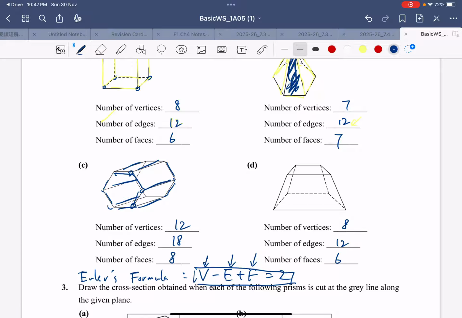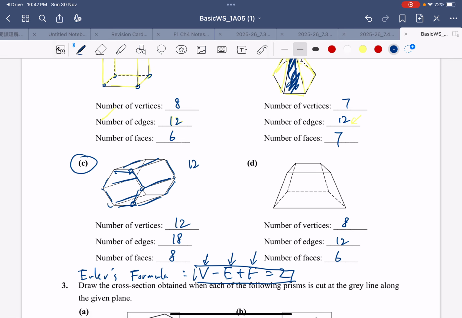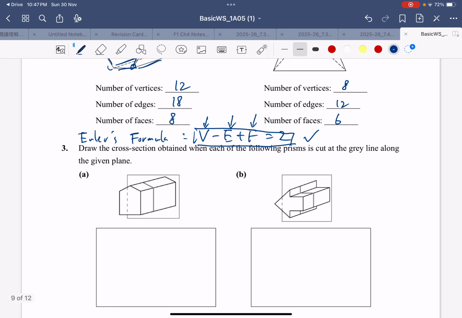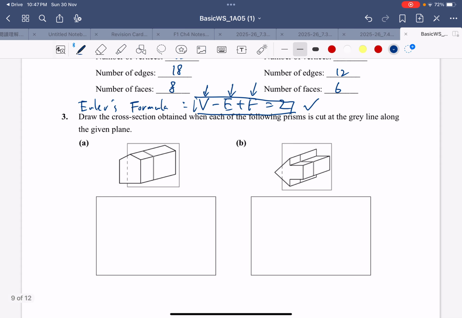So let's pick this as example C. We have 12 vertices, 18 edges, plus 8 faces. This expression will be just 2, right? So this relation holds for any solid polyhedron. You don't need to memorize this formula actually, but this formula is so famous, so I mentioned it here.